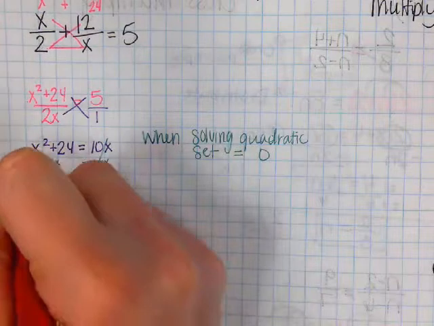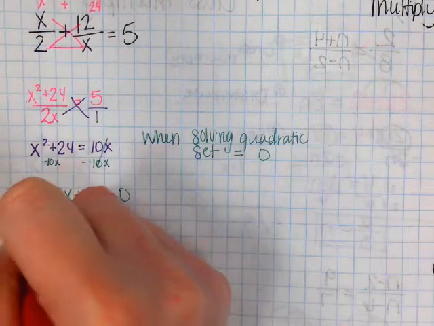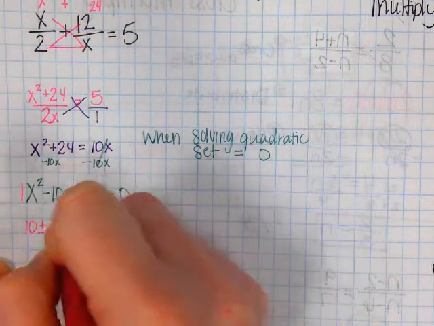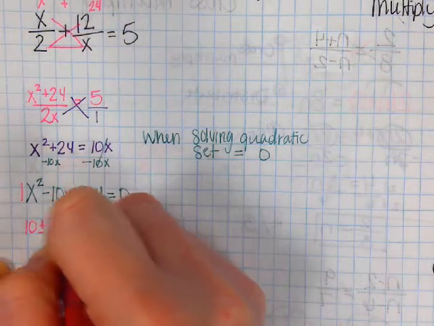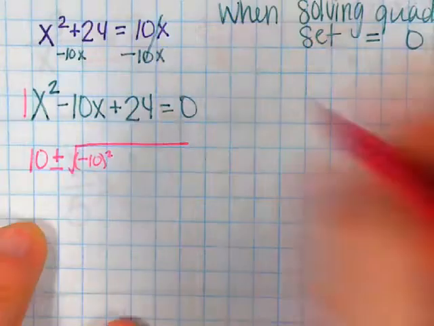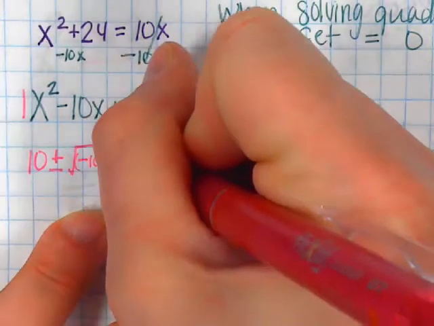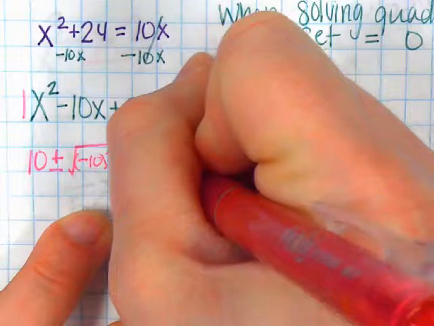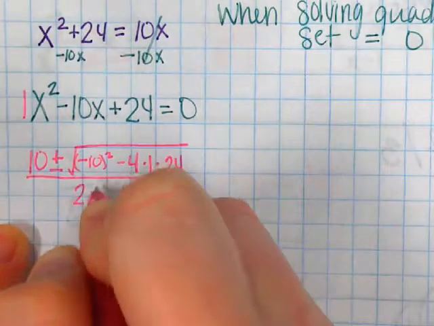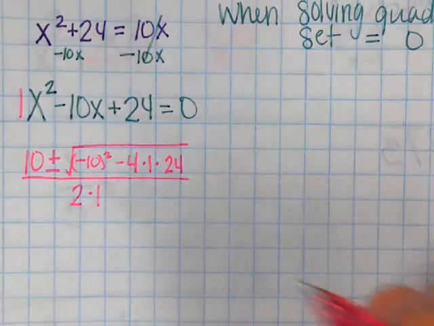So, opposite of b, so 10 plus or minus the square root of b squared. Let me zoom in just a little bit. Minus 4 times a times c, all divided by 2 times a.